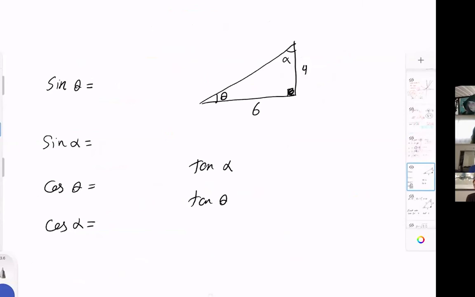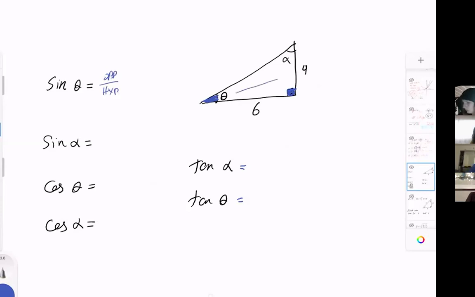So I have to bring some trigonometry for you guys. There's no law of sine and law of cosine that you need to use. You should know it, but I give you guys a right triangle. In the right triangle, sine of theta, this is theta, is opposite over hypotenuse.